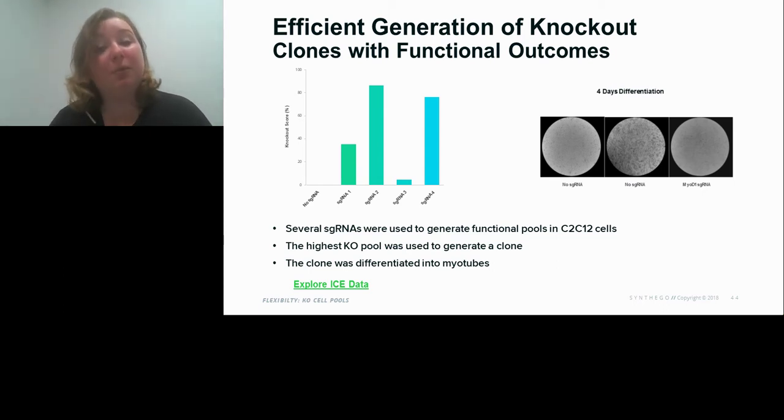But when we block MyoD1 by knocking it out, which disturbs that differentiation process, we no longer have myotubes being formed, as you can see in that third panel on the right. And so this really does depict that we're able to find functional clones that have a functional phenotype, which is obviously what you're looking for in using CRISPR as a resource for your protein knockouts.